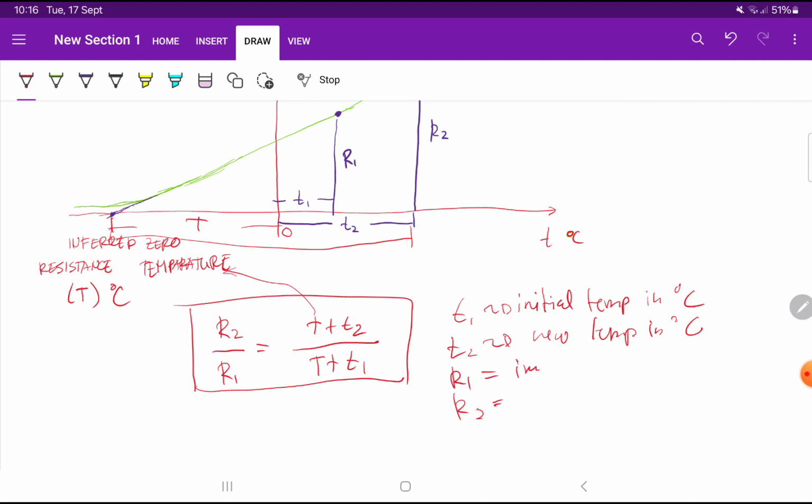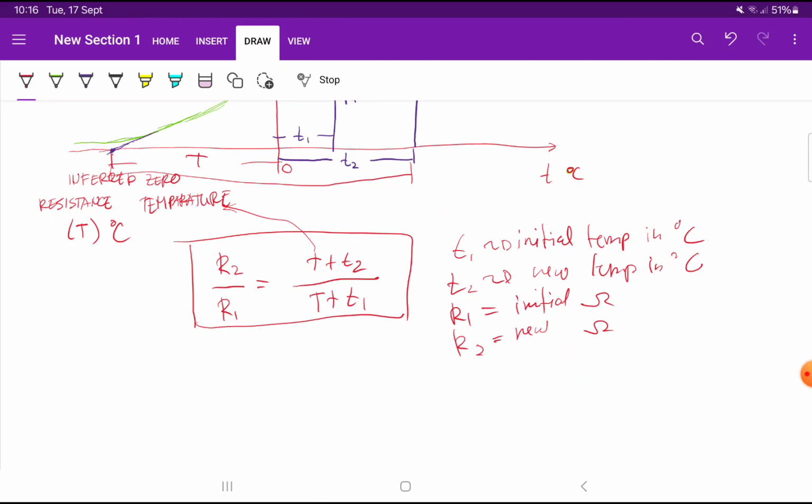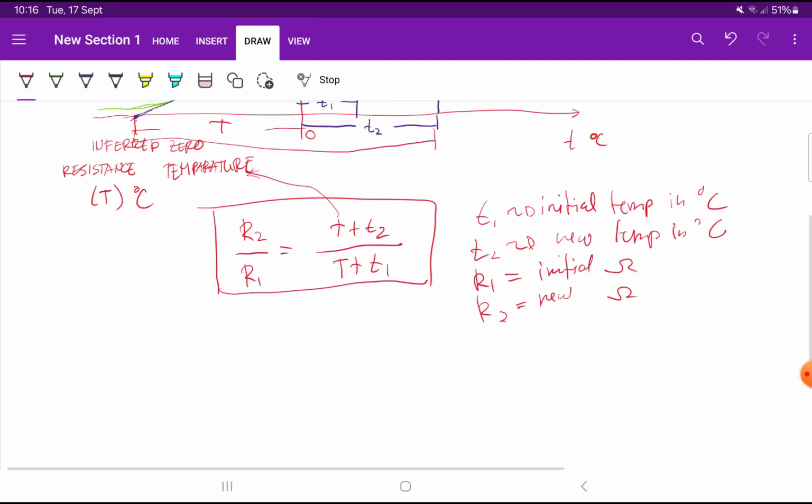This is the initial resistance and this is the new resistance, in ohms. That's the relationship. We can use that later on to solve for the new resistance of a given material when we change the temperature.